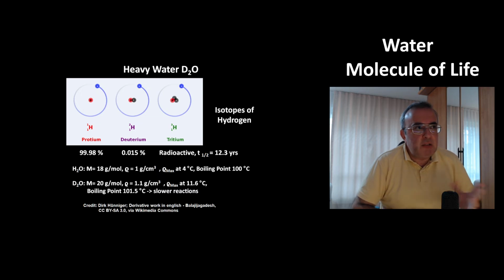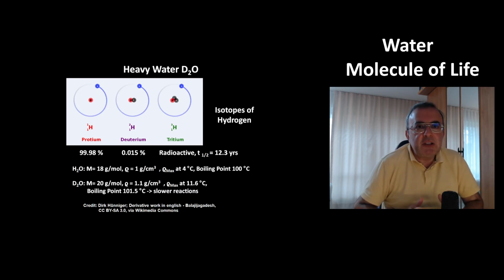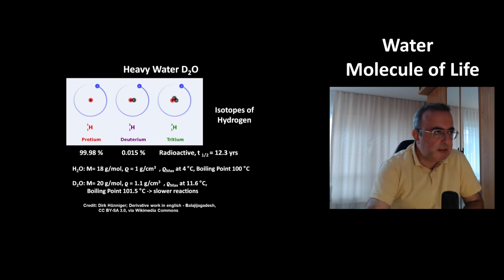For deuterium, you can neglect the mass of the electron, which is much lighter than protons and neutrons, so deuterium is about twice the mass of protium. You can see it makes a difference in the molar mass, about 10% higher. Also the density is 10% higher.